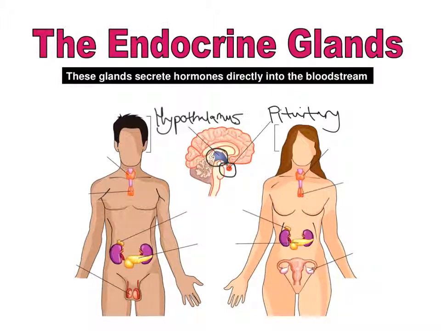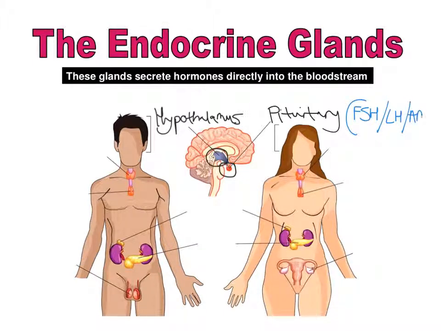So this is the pituitary gland. Now, the pituitary gland secretes many different hormones, some of which go on to affect other glands. So examples include, and I'll put some here, from the pituitary, FSH, follicle stimulating hormone involved in the menstrual cycle, and LH, luteinizing hormone.